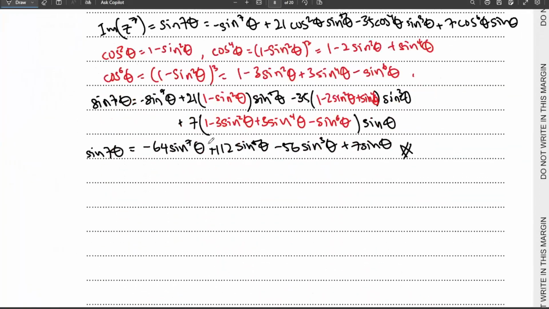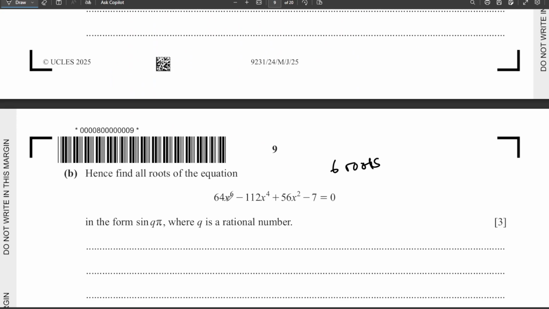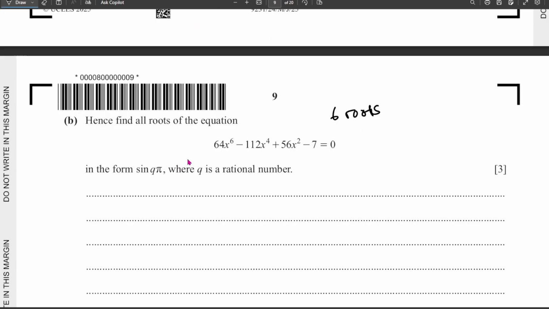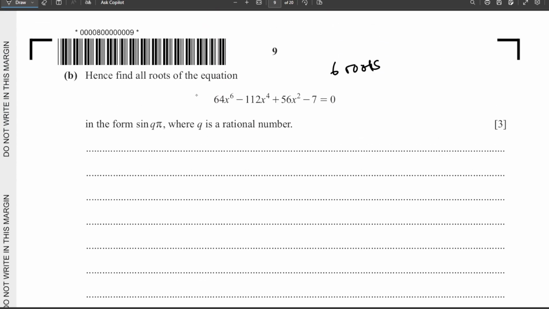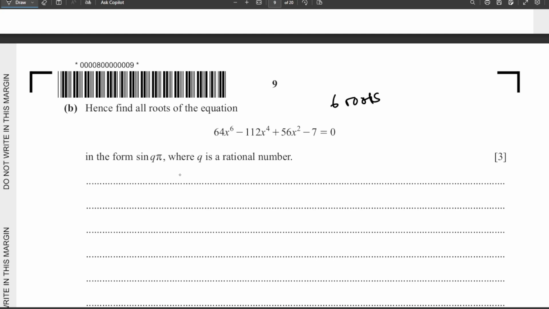Okay, what you can notice is that the coefficients are similar to what we have here. So we're going to make x also to the same power as sine. So we multiply the whole thing by negative x, to give us the sign also, it will match. So it becomes negative 64 x power 7, positive 112 x power 5, negative 56 x power 3, and a positive 7 x.